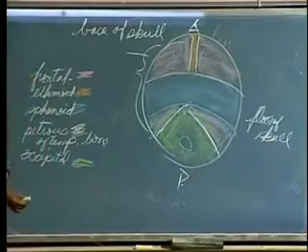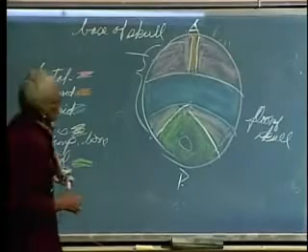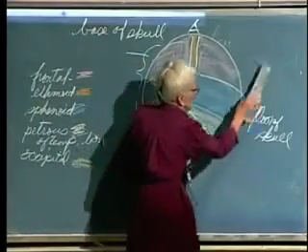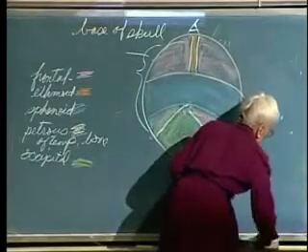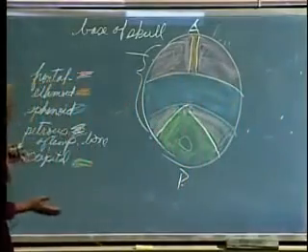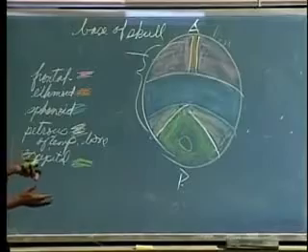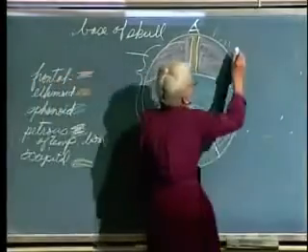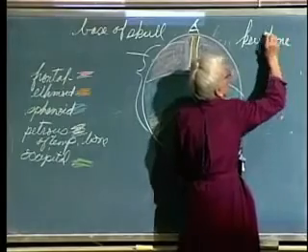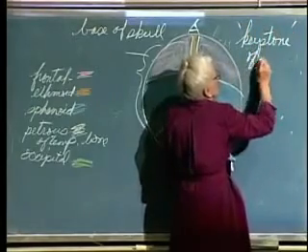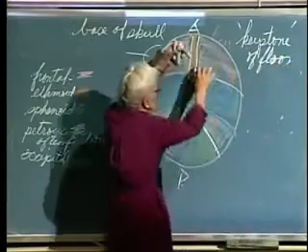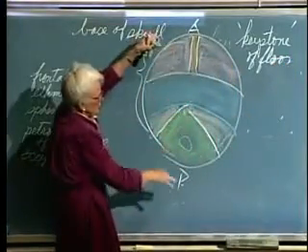So with this drawing, then, we can come back to our sphenoid. And it's called the keystone of the floor, because it keeps the other bones in place.